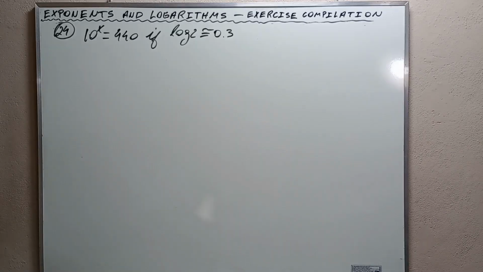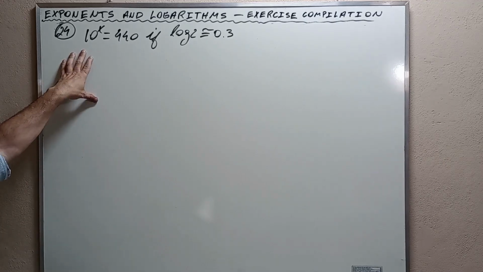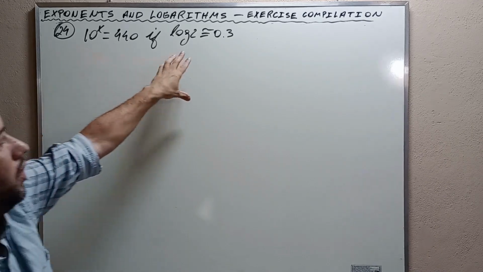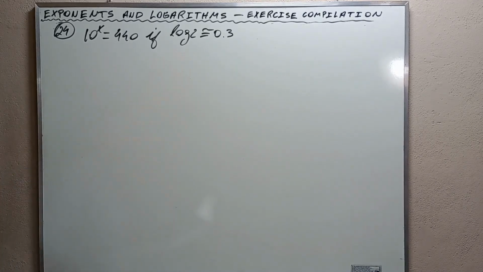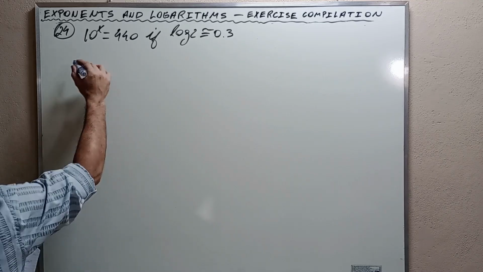Exercise 24, find an approximate value for 10 raised to the power of x equal to 440 if we can make the logarithm of 2 approximately equal to 0.3. Okay, my friends, this is the condition of the exercise. Let's solve it. We are going to use the logarithm in such a way.